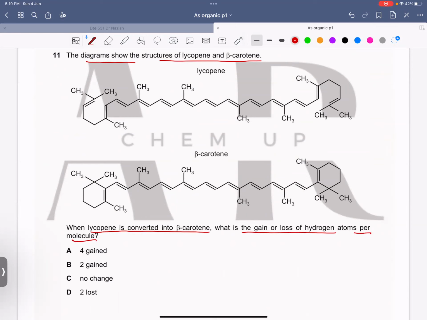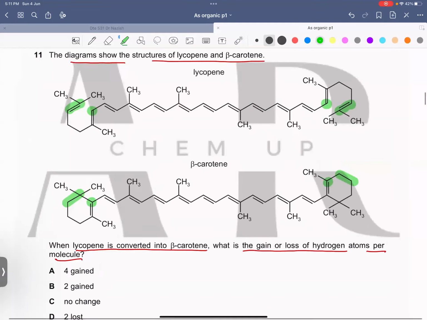Okay, so if you look at these two, the change is occurring at this region only, right? Or actually at this region instead, because the double bond is also not there over here. So here we are getting the change, right? The parts which I have highlighted.